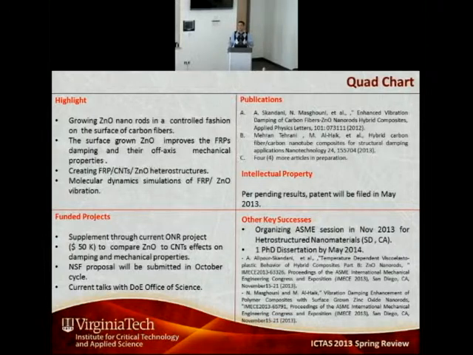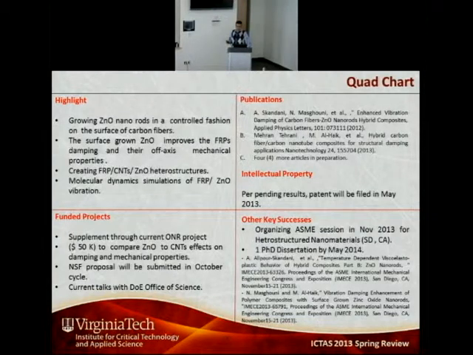We've got up to 25% improvement in the off-axis tensile strength. So we have succeeded to create the FRP carbon nanotubes and zinc oxide heterostructures experimentally. And then we're thinking of building a molecular dynamics model in order to see how embedding zinc oxide in the composite structure will alter the vibration properties of the composite.